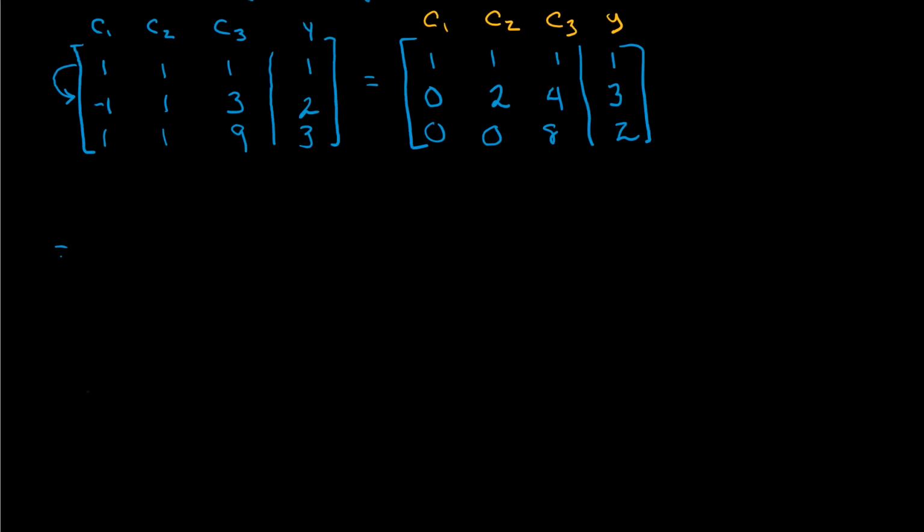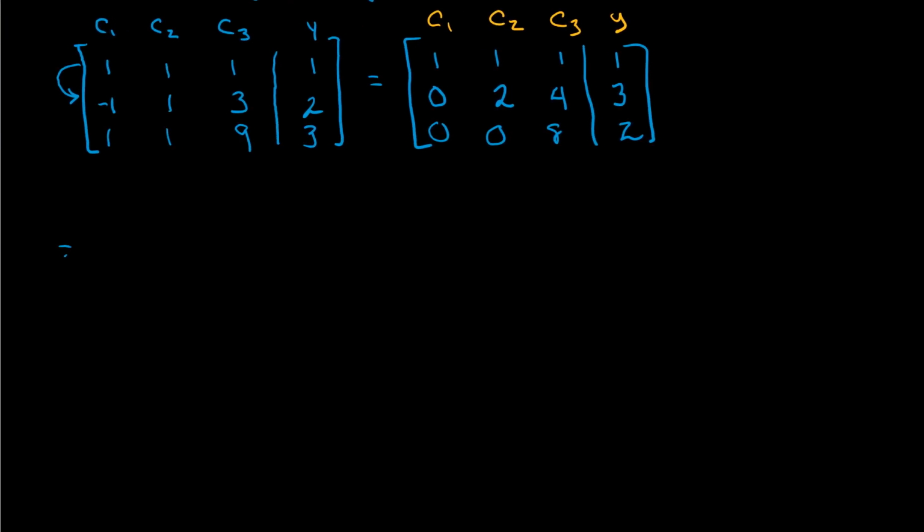So if I multiply that whole row times a half, I'm going to get a 0, a 1, a 2, and then a 3/2. Notice in the third row, there's already a 0 there. Nothing needs to be done with that row except to bring it on down.